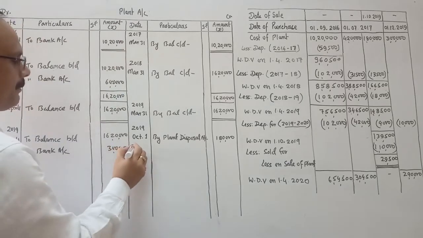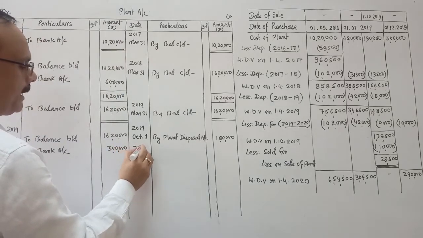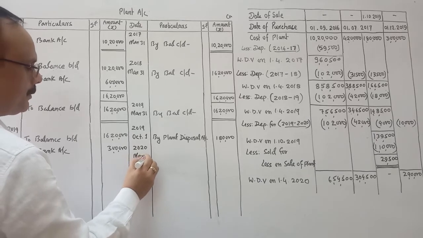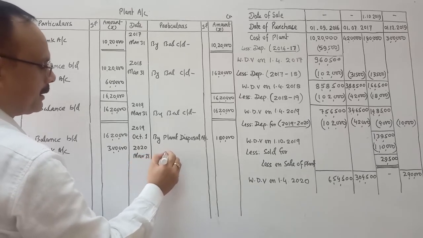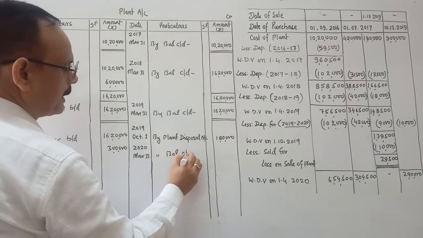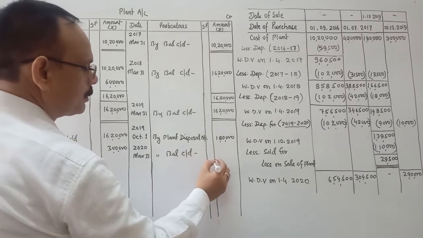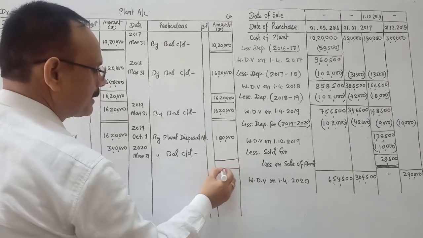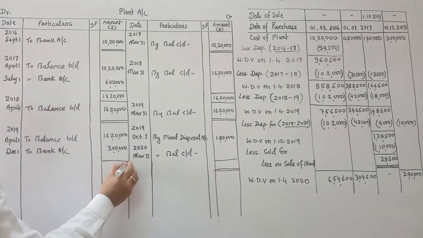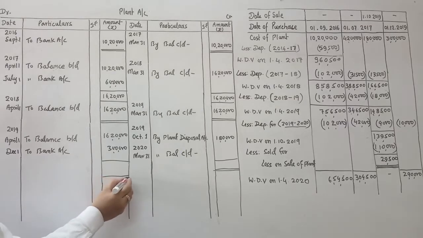Thereafter we will find out the balance at the end of the financial year on 31st March 2020, by balance carried down. So we will find out the difference amount. For that we have to do the total.